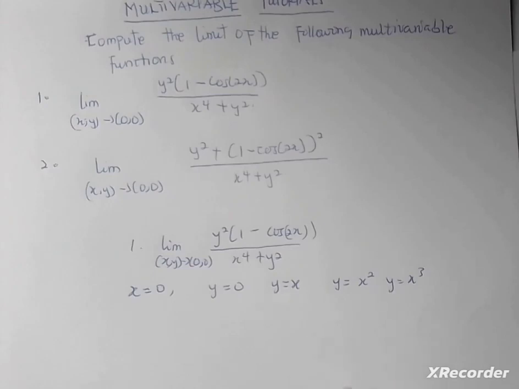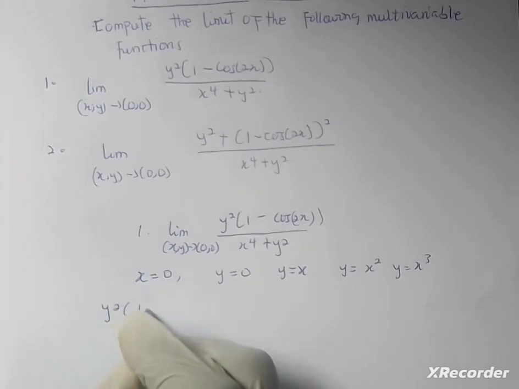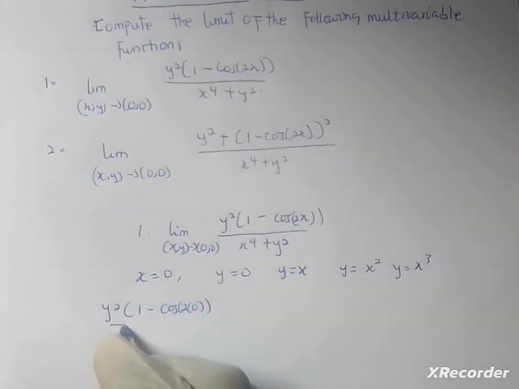So first of all, we're going to take when x is equal to 0. That is our first scenario. What does that mean? Wherever I see x, I'm going to put 0 there. So I'm going to have my function to be y squared times (1 minus cos of 2 multiplying 0) all over 0 to the power 4 plus y squared.